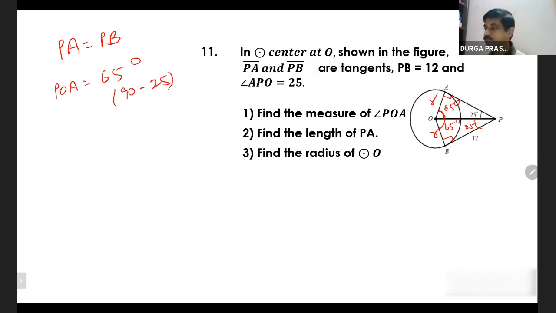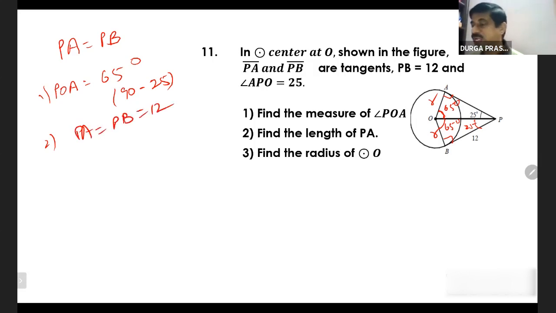Okay. Find the length of PA. This is our first one. Second one. So to get PA, PB is 12, so PA is also 12.